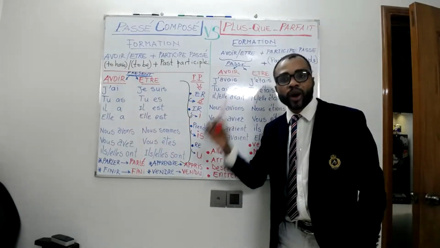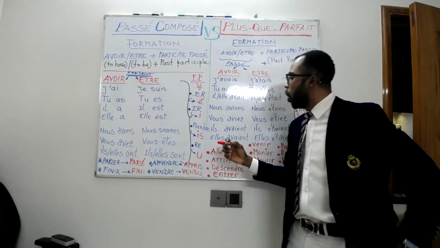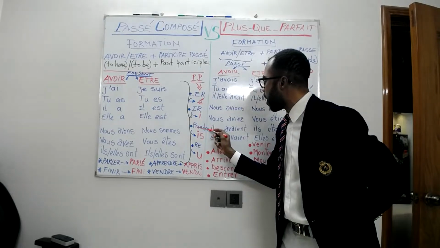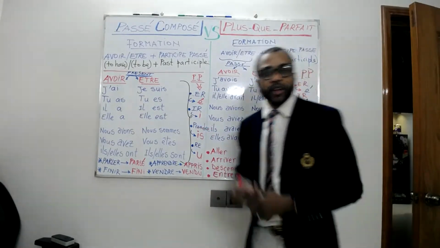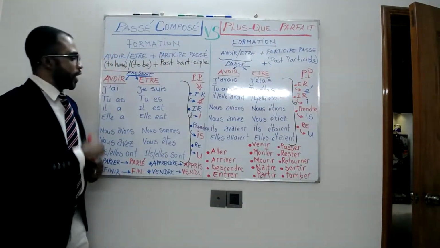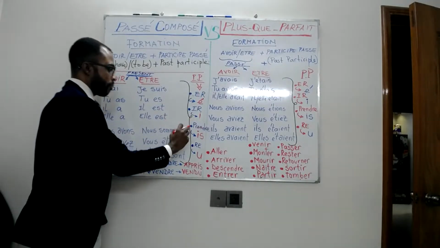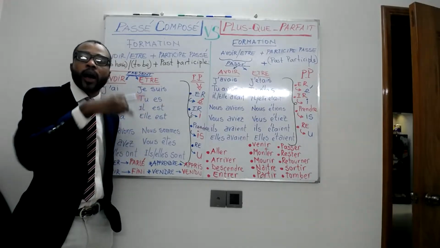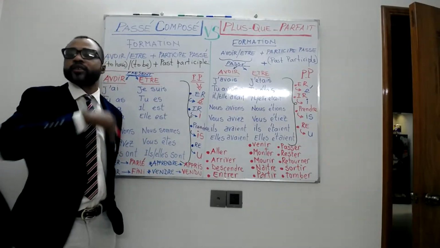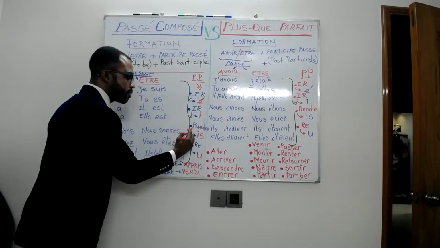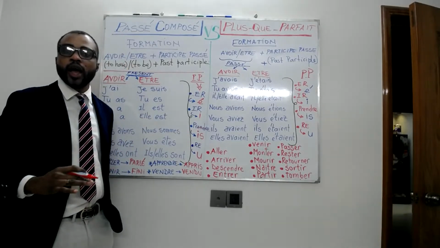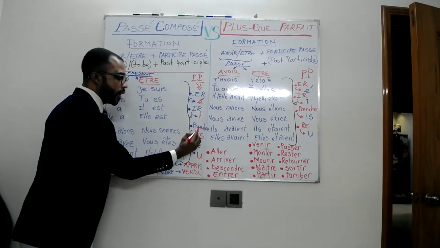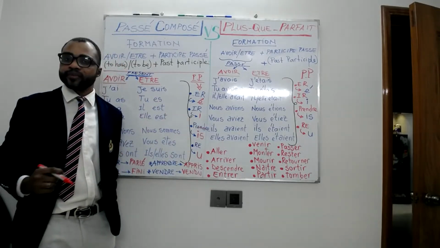In case there is prendre in the composition, we have to remove the E, N, D, R, E. I will repeat again. In case your verb has prendre in the composition, how to get the past participle? We have just to remove the E, N, D, R, E.